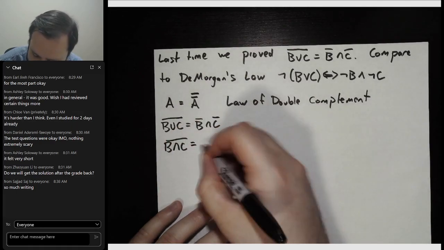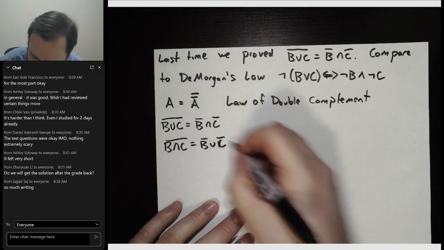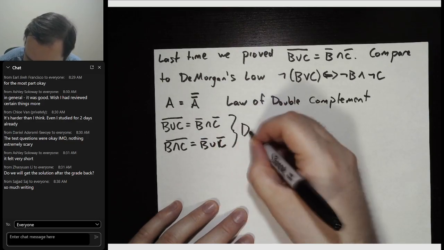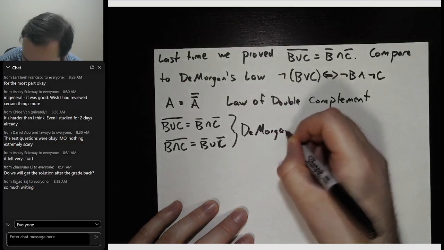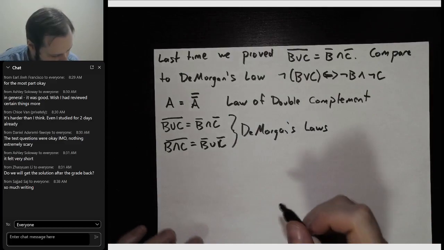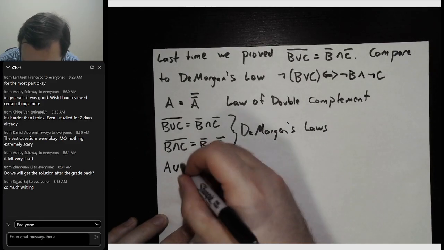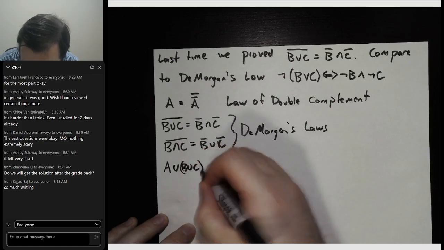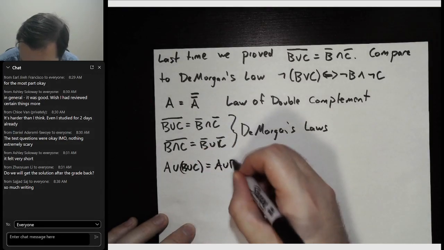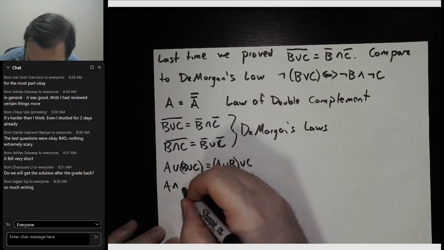The complement of the intersection is the union of the complements. And then I also want to mention associative laws. And same with intersection.